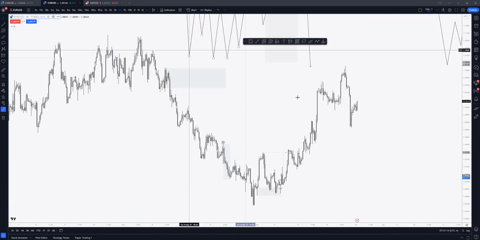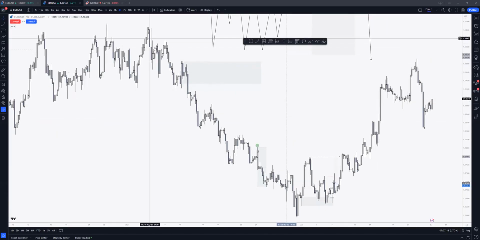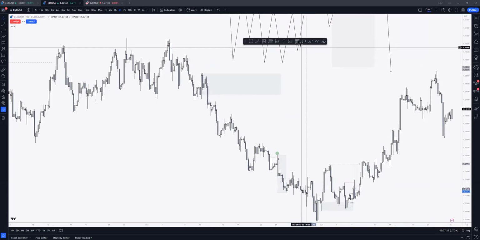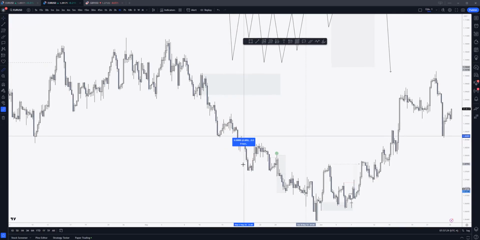Yes, let's do this. This is the 4 hour right now, and you could see that price is just going and going and going. It might not give you that many entry opportunities on the 1 minute, but if you look at these ranges, like 59 pips, this one, 65 pips, 80 pips, it just rolls over pretty quickly. You might not even get a chance to get on the 1 minute.